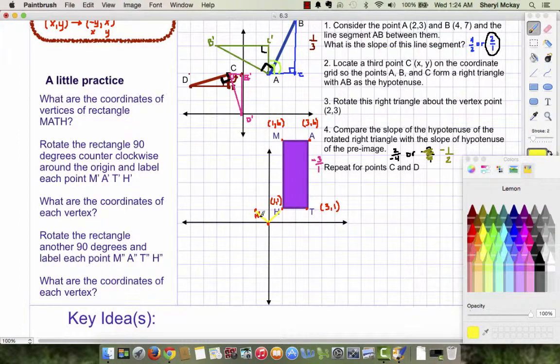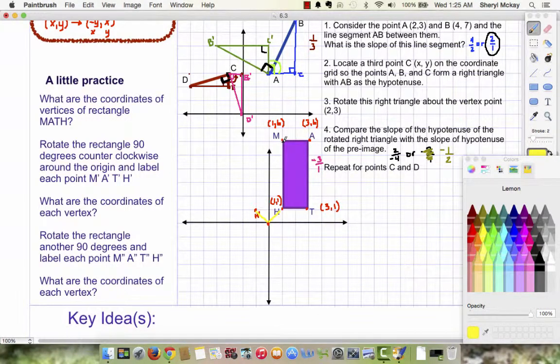Okay? Now, see if you can do point M. Where would M rotate to? Well, think about what the slope is from your center point all the way up to M. You went up 1, 2, 3, 4, 5, 6, and over 1. So now that's my slope, 6 over 1. So my slope for M prime is going to be negative.